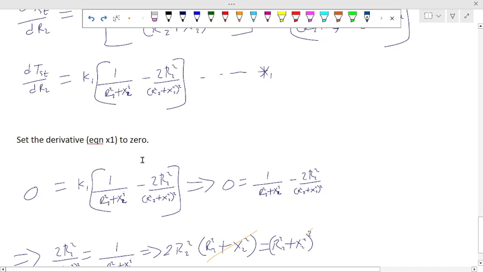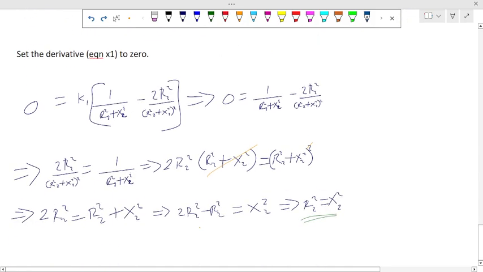So we'll now say 0 equals all these things we have here. Okay, and of course when you divide both sides by K1, it is knocked off. So you just have this left, and then what happens next? We bring this guy to the left hand side, so you have this equal to this. Now you can cross multiply, meaning all this guy comes this way, and this guy goes this way.